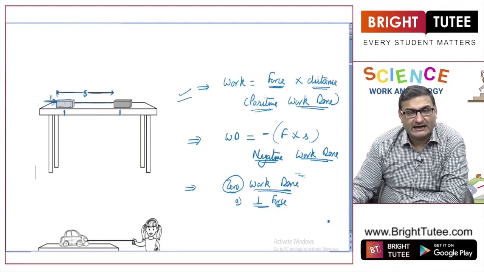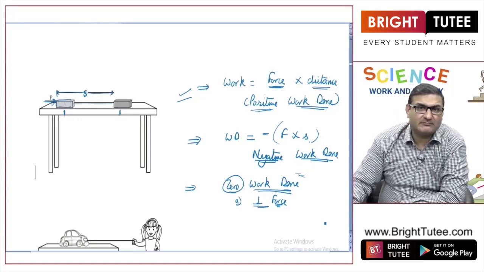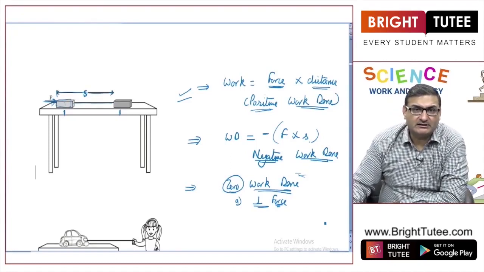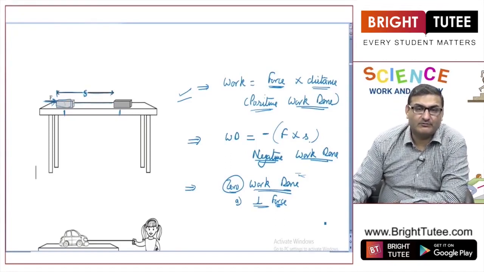For example, I am just carrying a briefcase in my hand and just walking, or I am carrying some briefcase on my head or some luggage on my head and standing, right. In such all cases also the work done is zero.